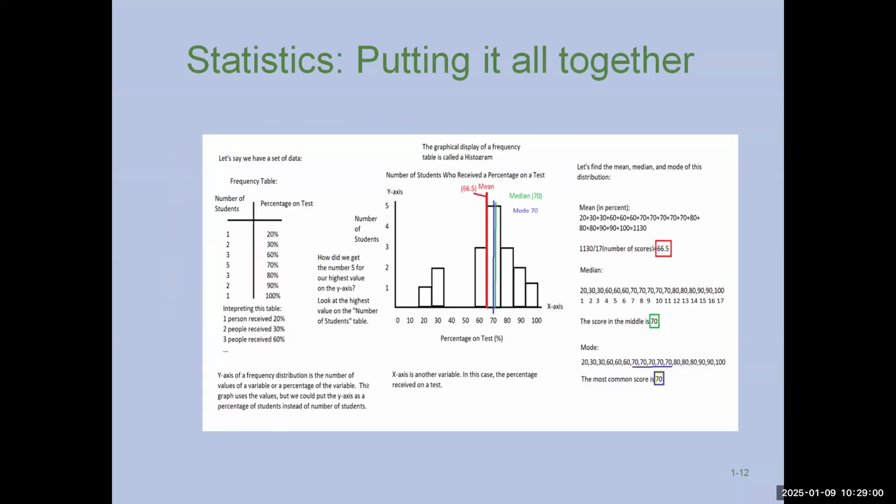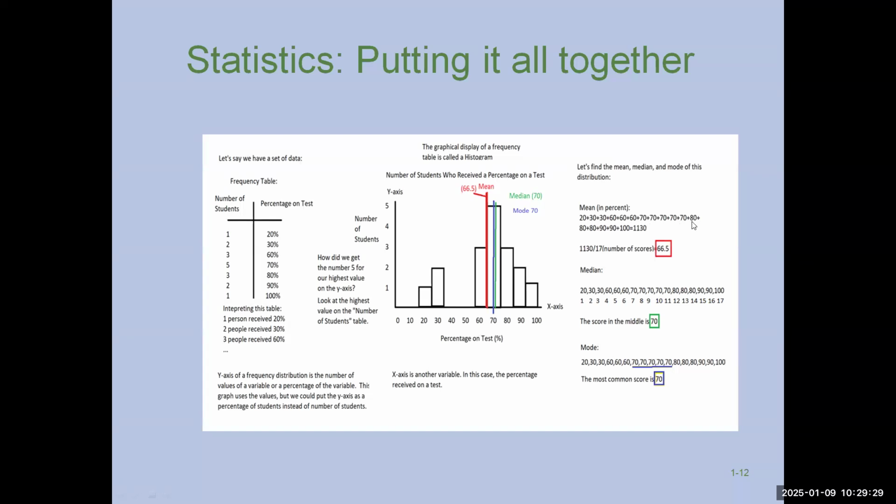So in this particular slide, you can see the number of students and percentage on the test. One student is 20% and two students is 30%. If you go to identify the mean, one student is 20, two students 30, three students 60, and four students 70.